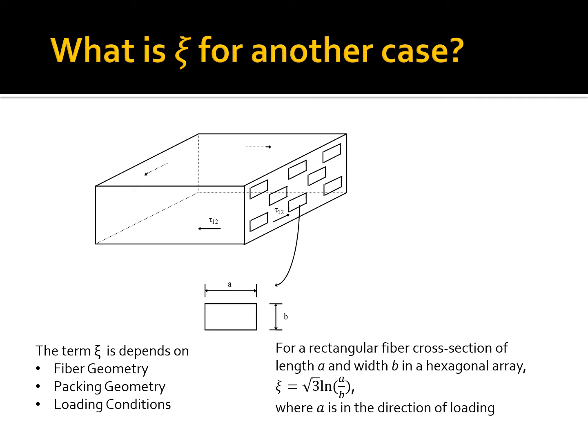Now, because we talked about the fiber geometry of circular fibers in a square array, what does loading conditions mean? Loading conditions are very clear here. If you have a rectangular fiber cross section, you'll have the two dimensions of length and width, right? And then Xi is given by this formula for G12, square root of 3 log A by B, different from that for E2.